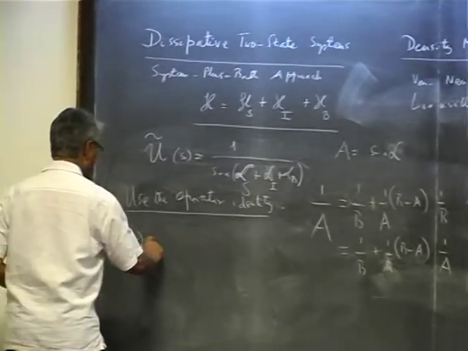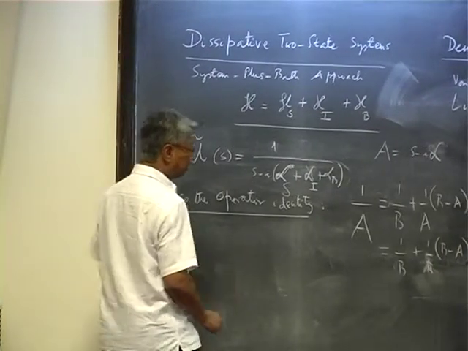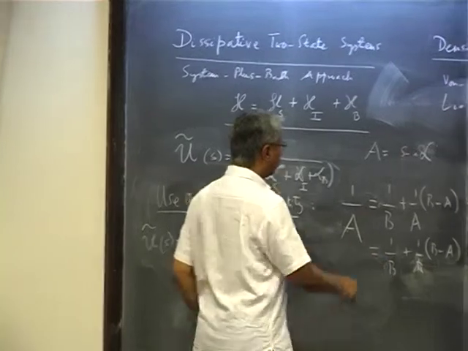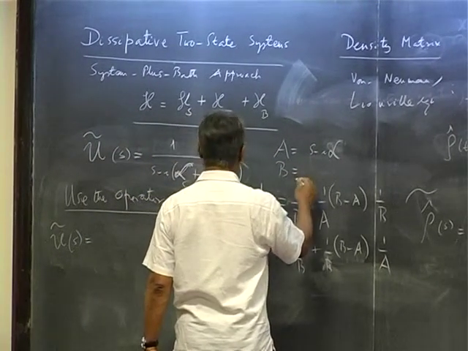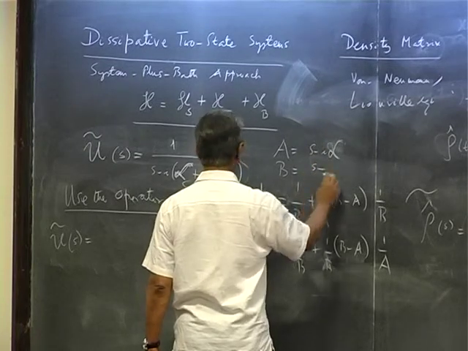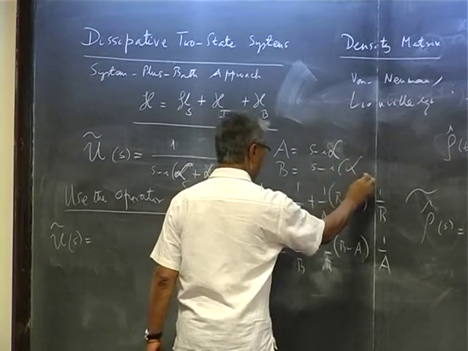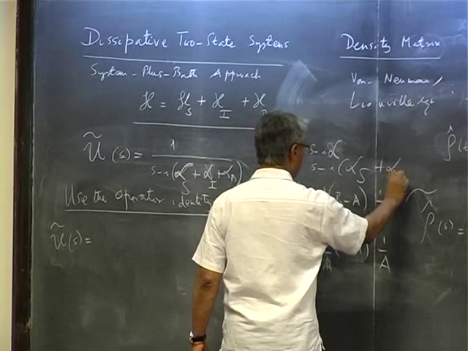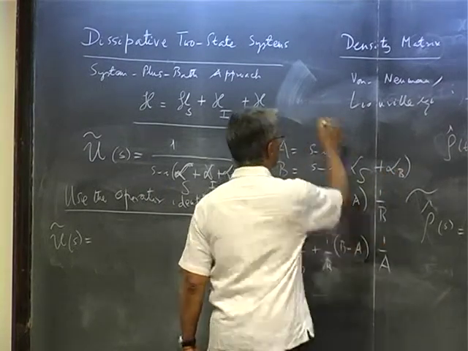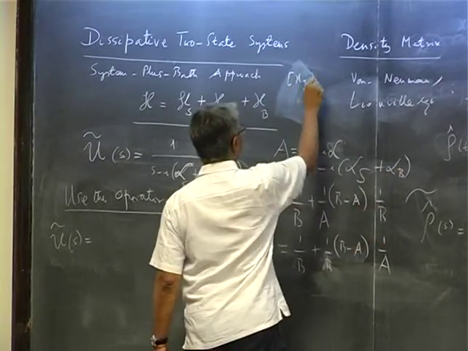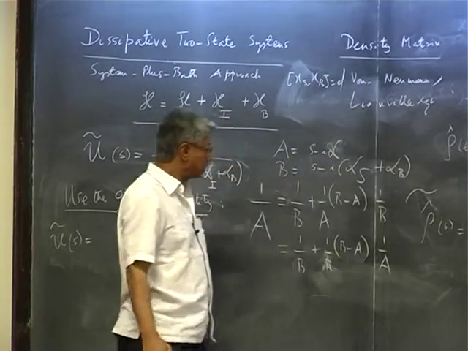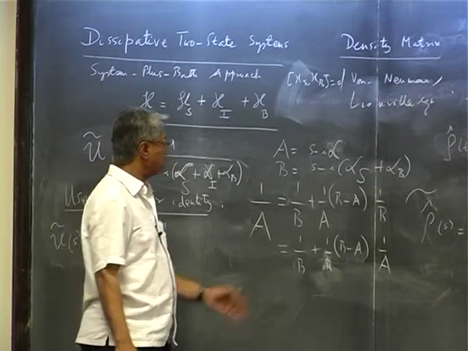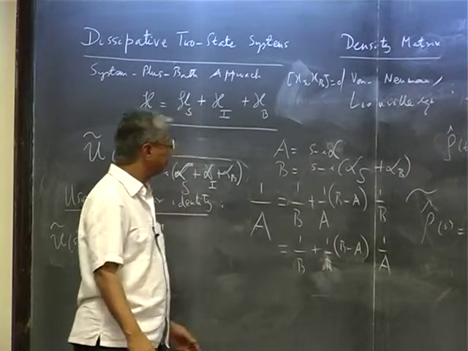Now it's 1 over B, and I call B S minus i L_S plus L_B, because H_S and H_B commute. I want to work in a representation in which they are simultaneously diagonal, so B is such an operator.